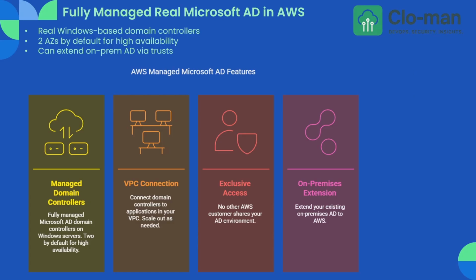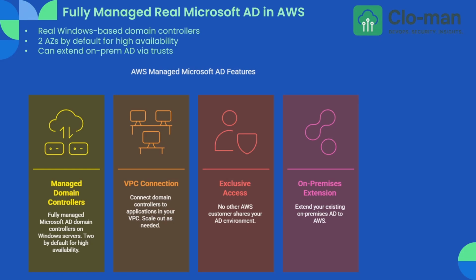Let's start with the big one, AWS Managed Microsoft AD. This service gives you a fully managed Microsoft Active Directory domain controller running on real Windows servers. Two by default for high availability, each in its own availability zone. You can connect this domain controller to applications in your VPC and scale them out if needed.